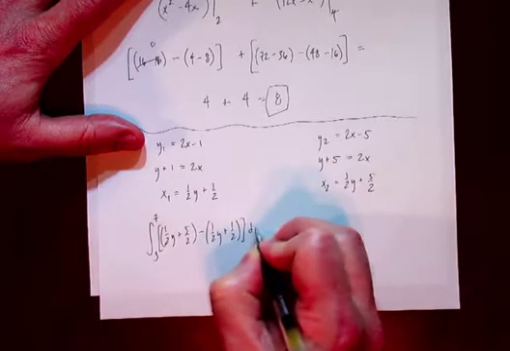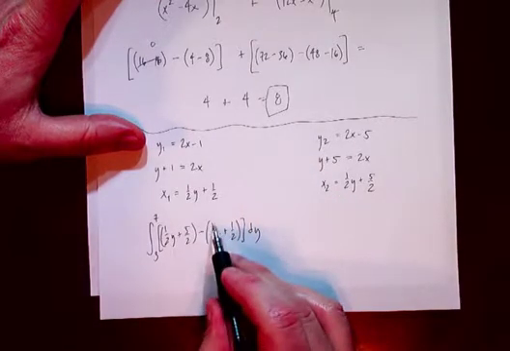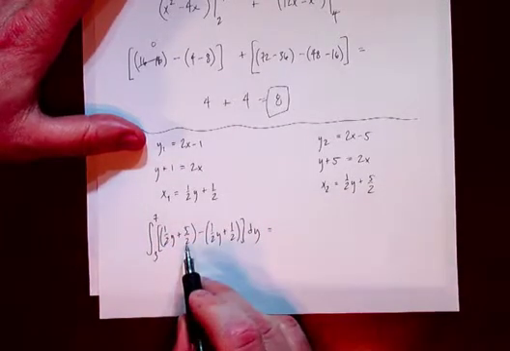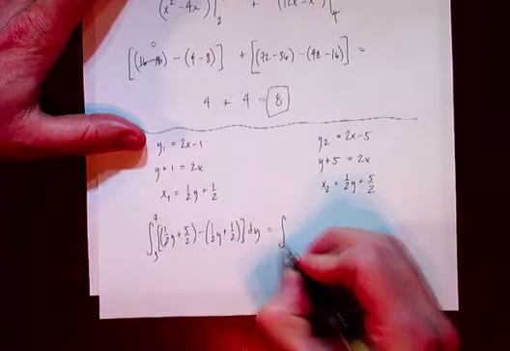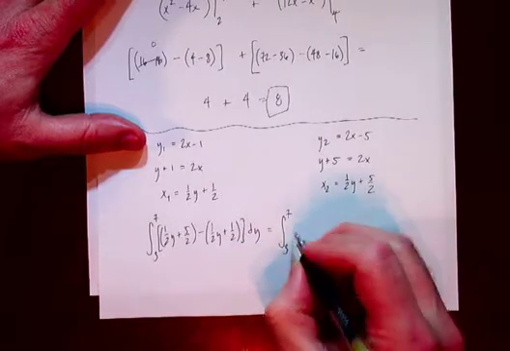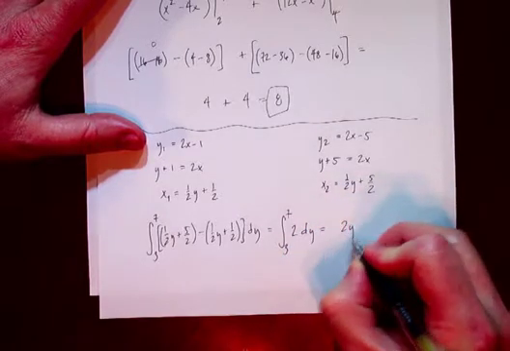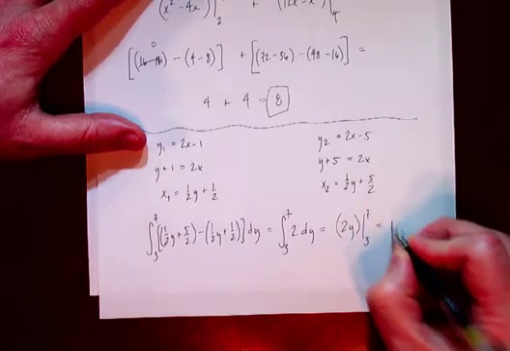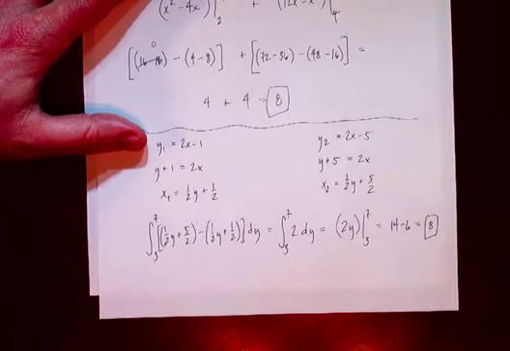Well, when I distribute this negative, this negative 1/2 y and this positive 1/2 y are going to cancel. This 5/2 and this negative 1/2 are going to become 4/2. So really what you wind up integrating is 2 dy, which becomes 2y evaluated from 3 to 7, which is 14 minus 6, or 8.